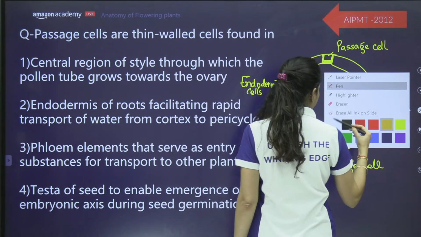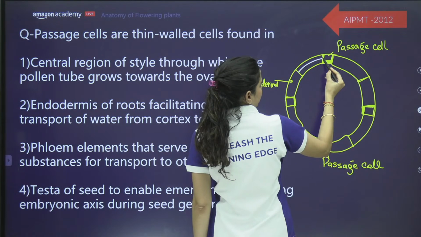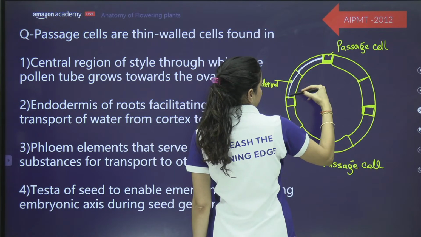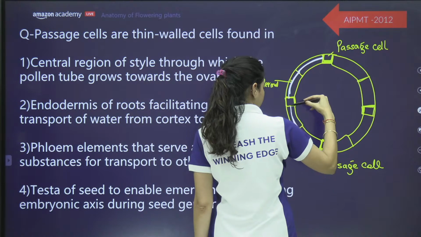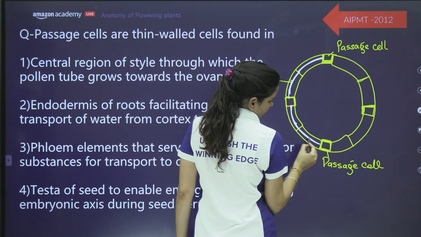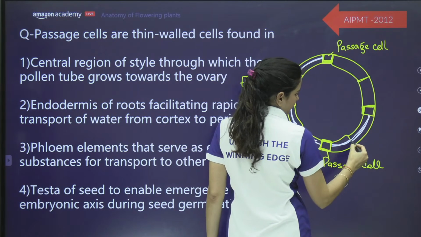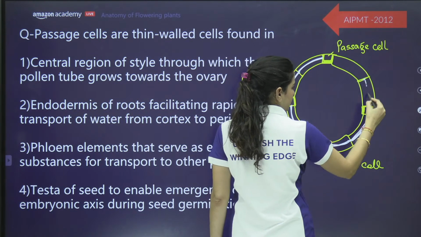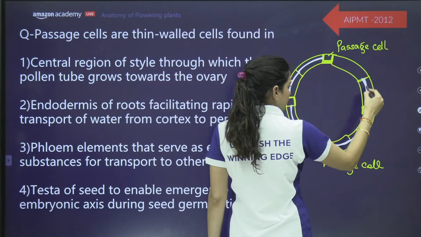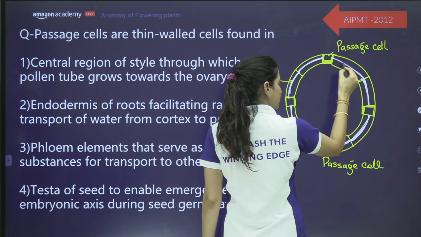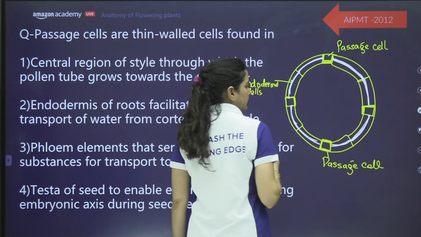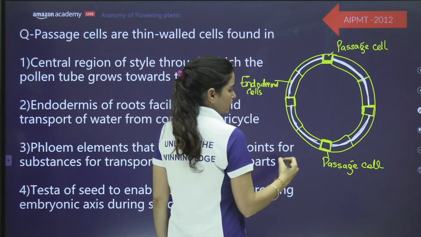you see, suberin. ये देखो मैंने suberin की strips बनाई, ये suberin की strips, ये white कलर का मैंने बना दी. You can see. Okay, so this is what?